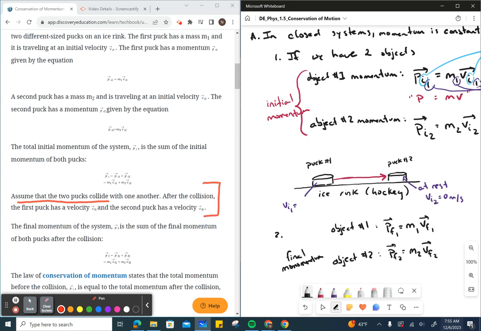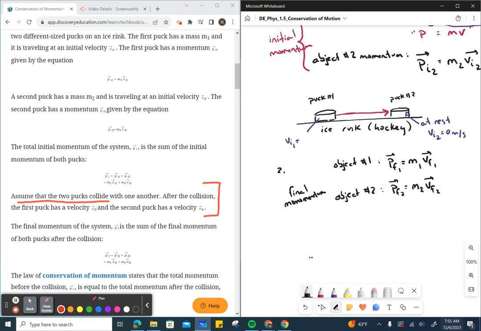Okay. All right. So at this point, if we were to draw our diagram again, we may say that puck number 1 has collided with puck number 2, and now puck number 2 is going to move.